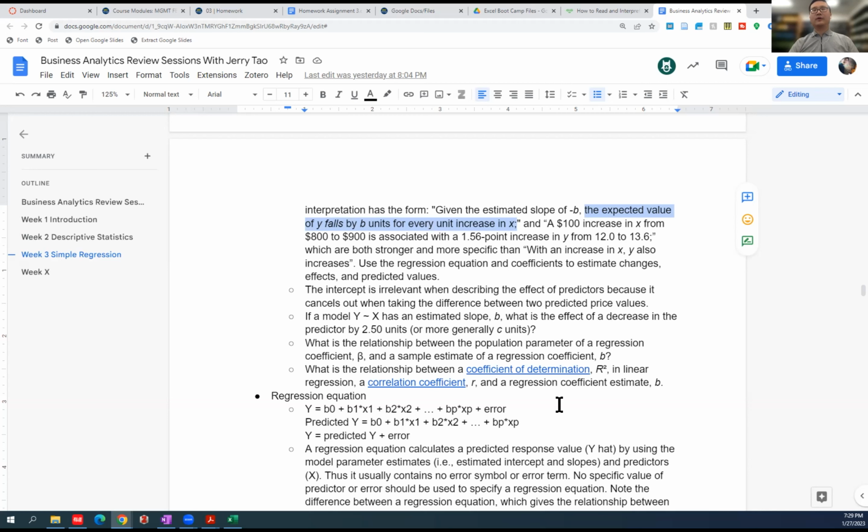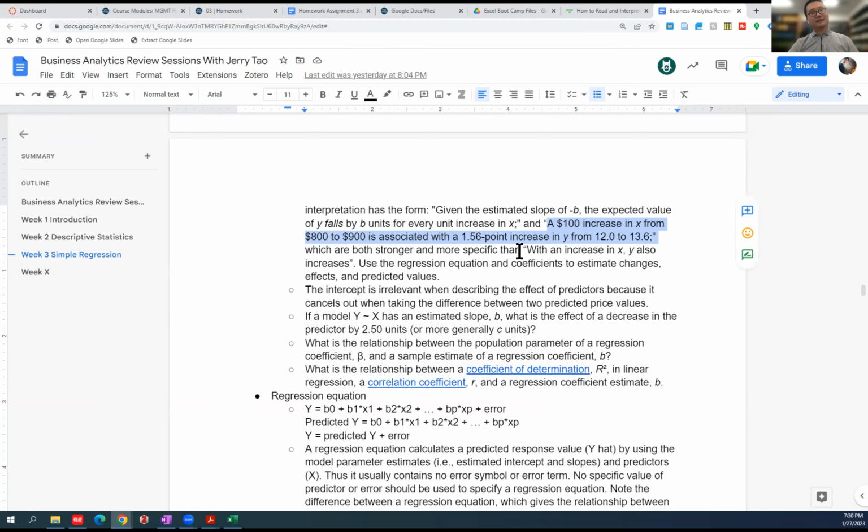However, if we are doing some group comparison, that's how we can do so, using the following example. All of these would be much stronger and more specific than if we just said, oh, with an increase in S&P stock price, Microsoft price would also increase.